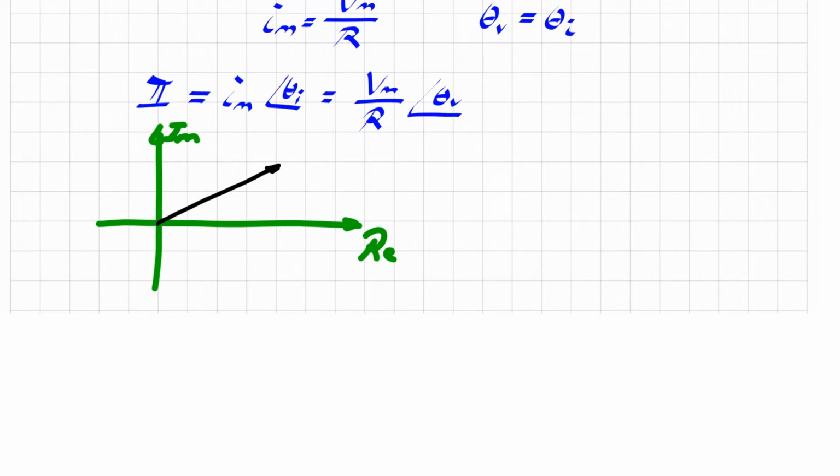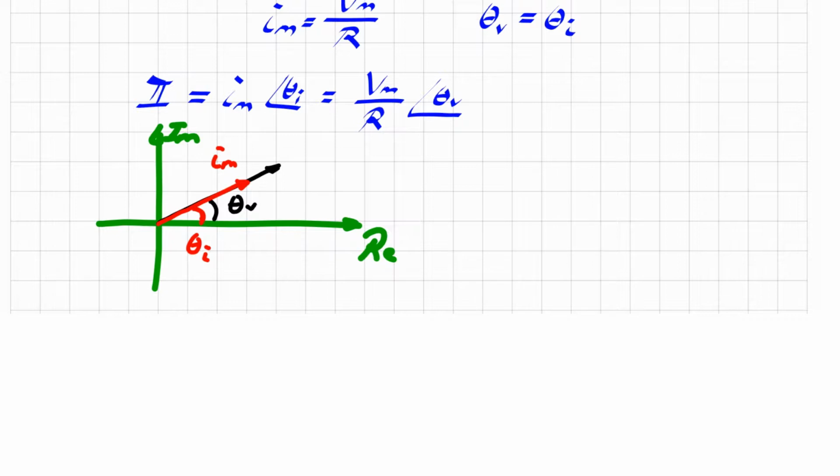The length represents the magnitude, and this is the phase angle, theta V. For the current, it's Vm divided by R. We can't compare the amplitudes directly, but they have the same phase angle. So I will draw it right here. This is Im, that's the length of it, but the angle is theta I, and that's equal to theta V. This is what we call in phase. You can see they line up.